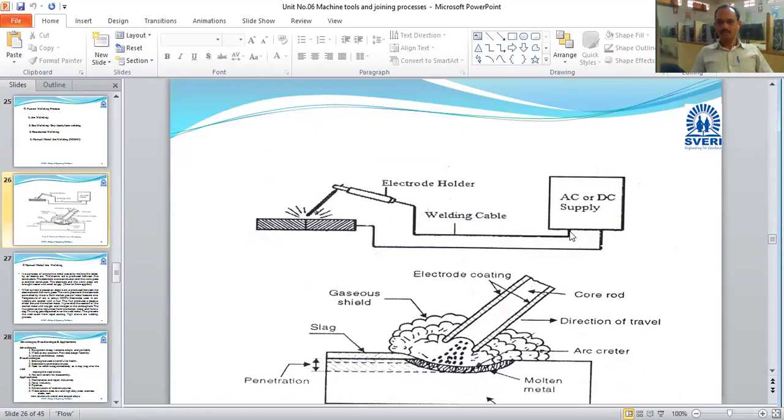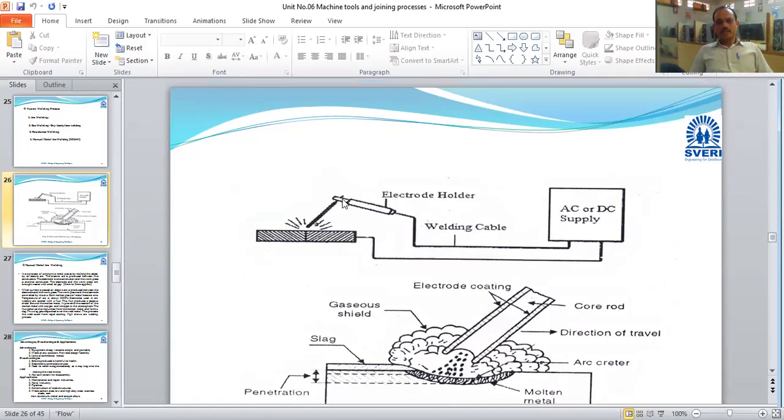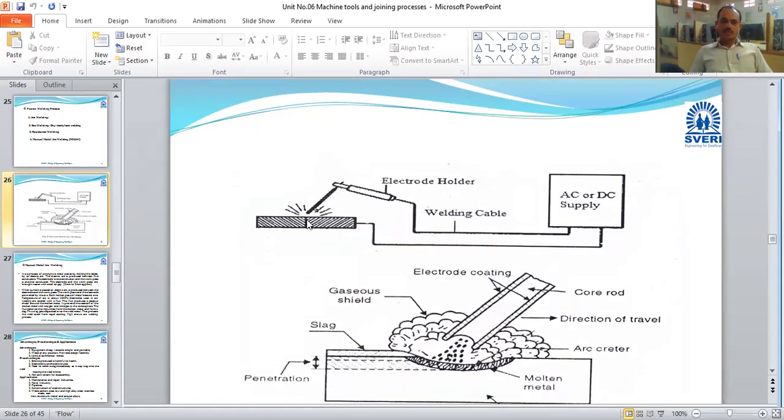Electrons flow from this cable to the electrode holder and then to the electrode rod. The electrode rod is mainly made of carbide metals or the same material as the workpiece. Then the current flows through the electrode to the workpiece and back towards the transformer, so the circuit is completed.